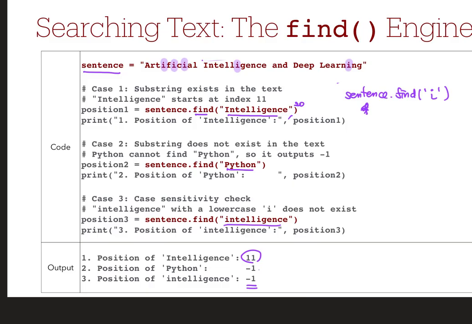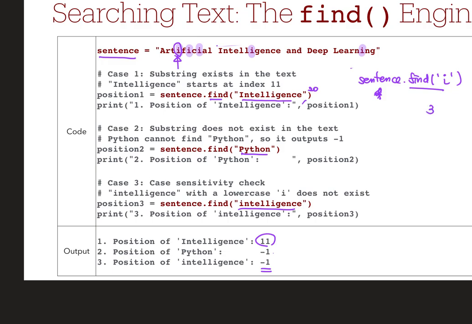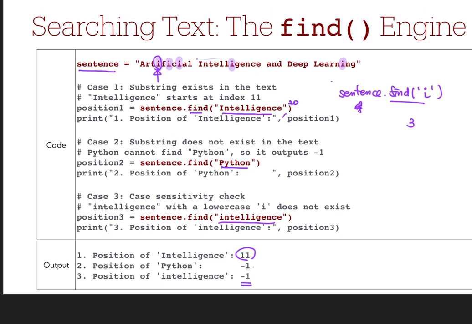When you call the find function with this i, the index value of the first occurrence of i will be returned, and it does not consider the remaining portion. So once this i is found, the find function will return the value 3. This 3 will be printed on the screen, and then it does not search anymore. So that's what this find does.